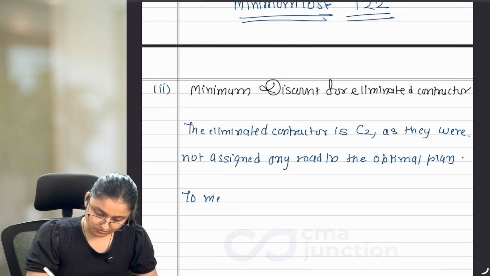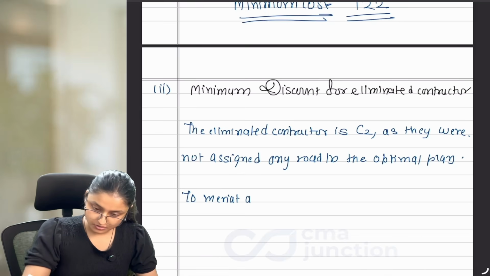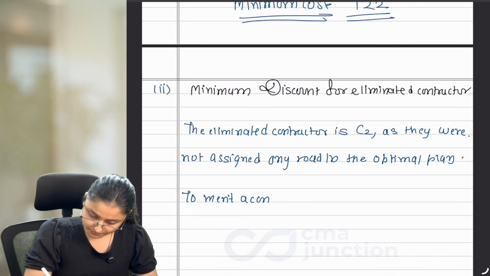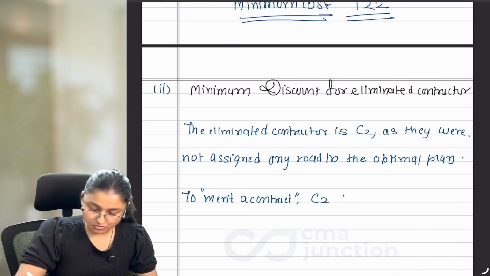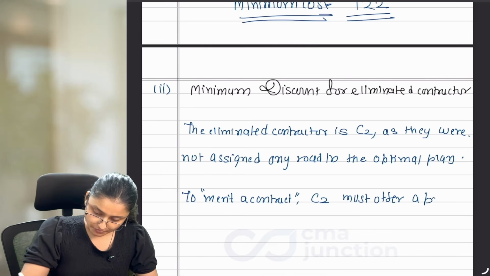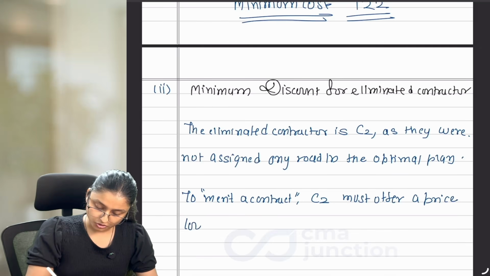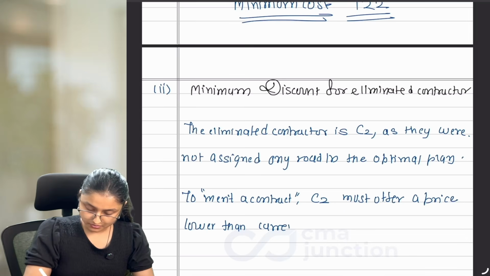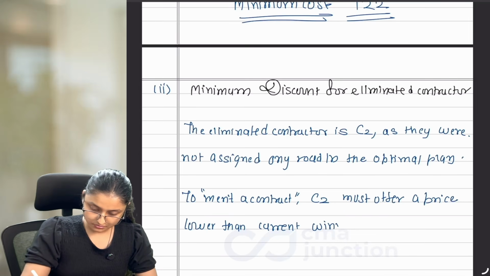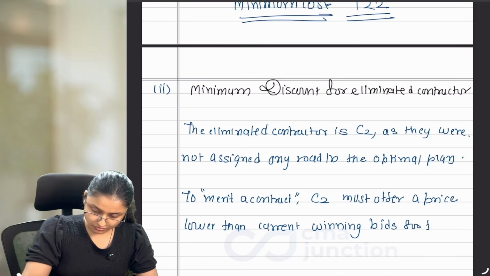To merit a contract means to give the contract to C2. So to merit a contract, C2 must offer a price lower than the current winning bids for the road.